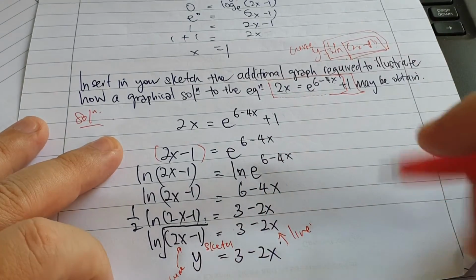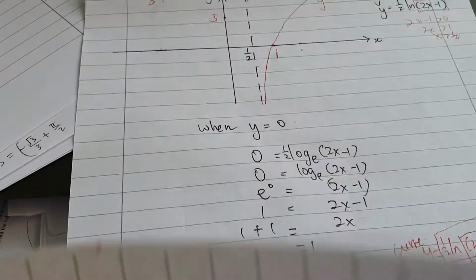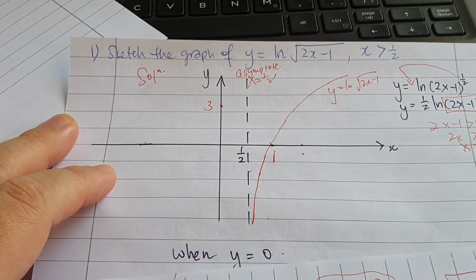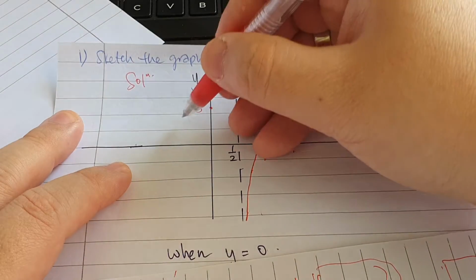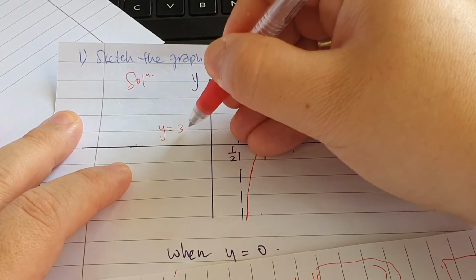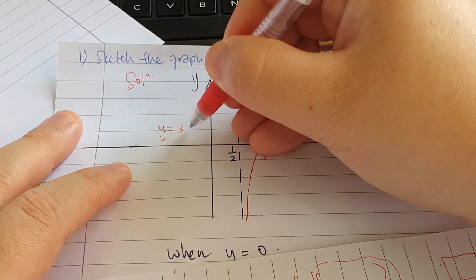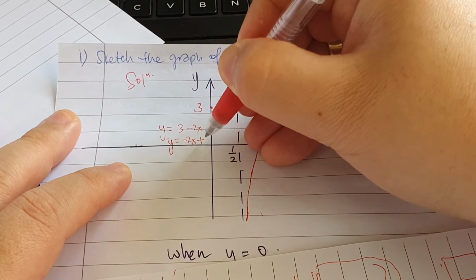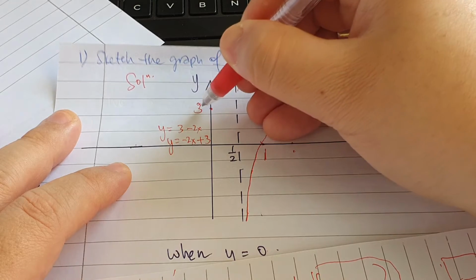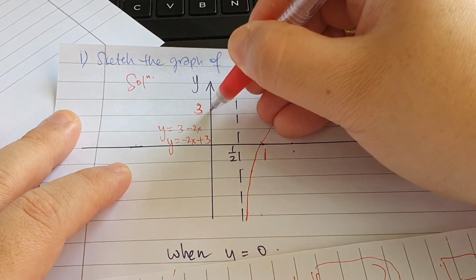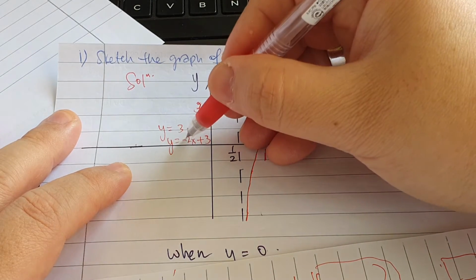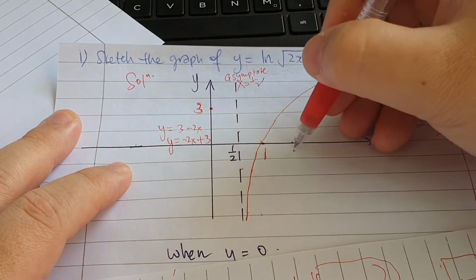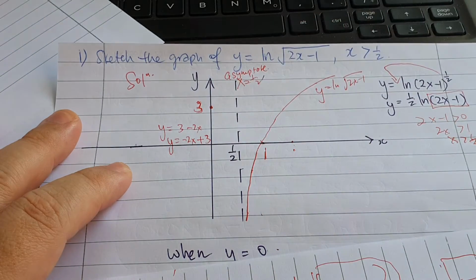So you see, it's the same as your elementary mathematics. y equals 3 minus 2x is the same as y equals minus 2x plus 3. So the y-intercept is 3, gradient is minus 2. And you see we always must label the intercept.